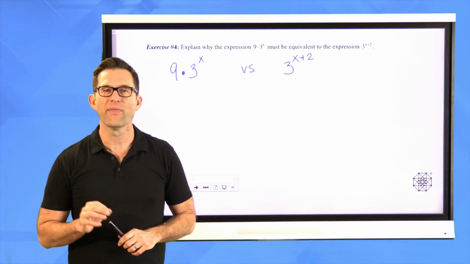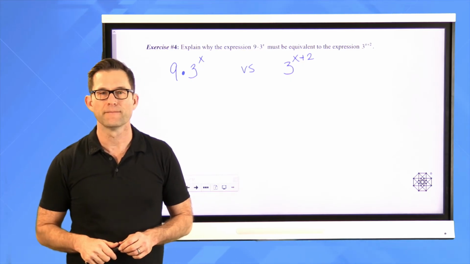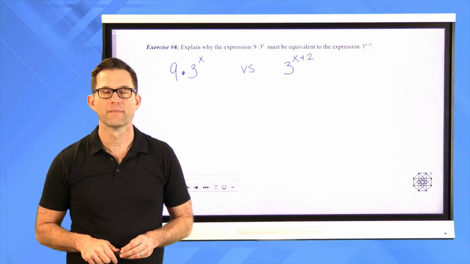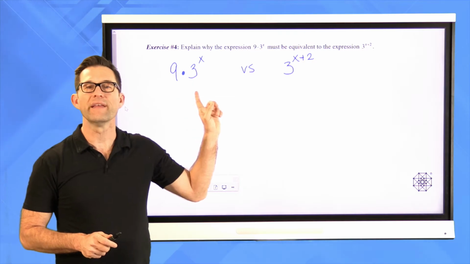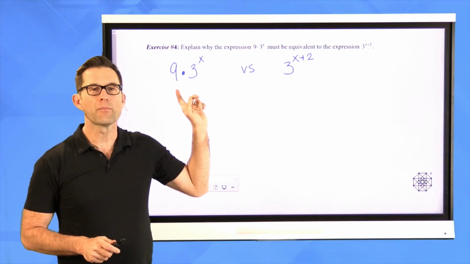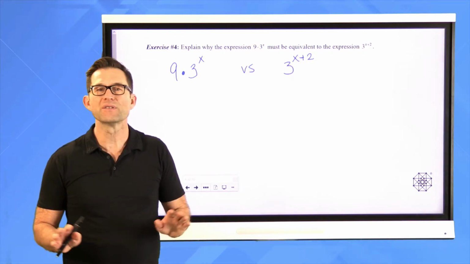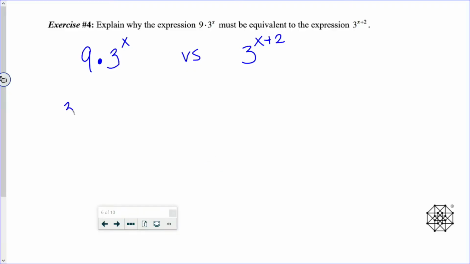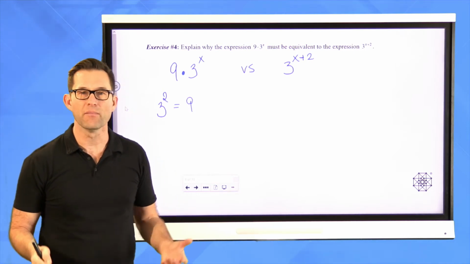Pause the video now and think about it, especially in light of the exponent rule that we've been looking at. Well, the real key here is how the number 9 relates to the number 3. If that was the number 8, or the number 2, or the number 7, there's almost nothing we could do. But you see, 3 squared is equal to 9. 9 and 3 squared are the same number.